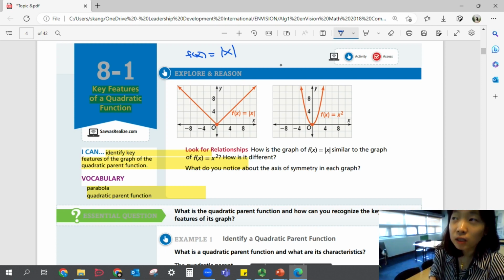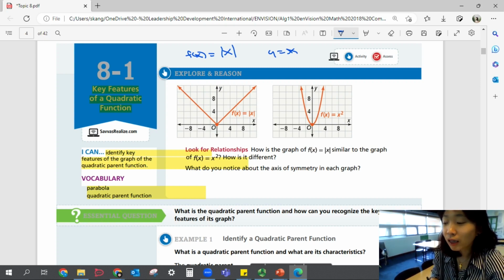But the parent functions are always the pure function that does not have any transformation. So for a linear function, y equals x would be the parent function. In the same way, f of x is equal to x squared would also be a parent function.